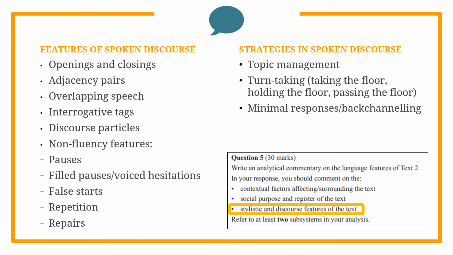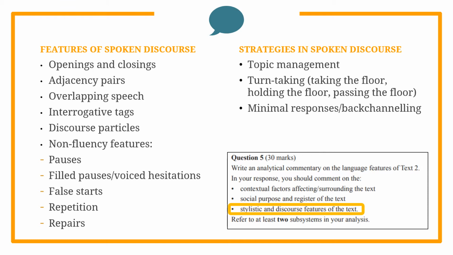The bit that I've highlighted says that you should comment on the stylistic and discourse features of the text. Stylistic just means your language features, so word classes, sentence types, metaphors, anything like that. Discourse features is this. So if you're analysing a spoken text, you need to be writing about these things. If you're analysing a written text, your discourse features would be coherence and cohesion.